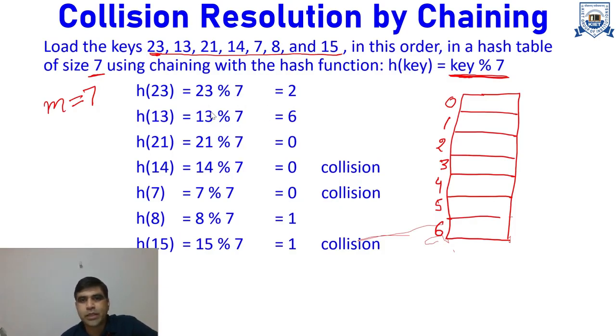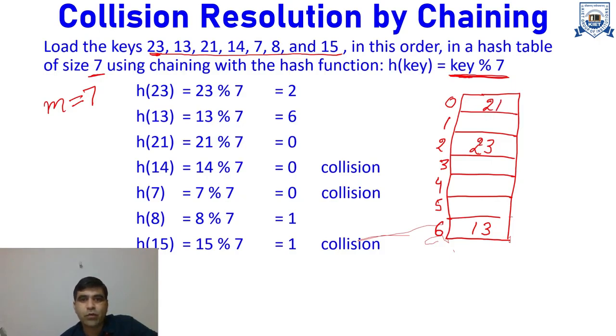So this 23 will be stored at this location, right? Second, 13 will be stored at this location, right? Then we have 21, which will be stored at location 0, right?